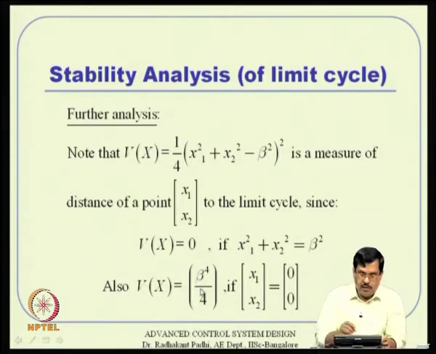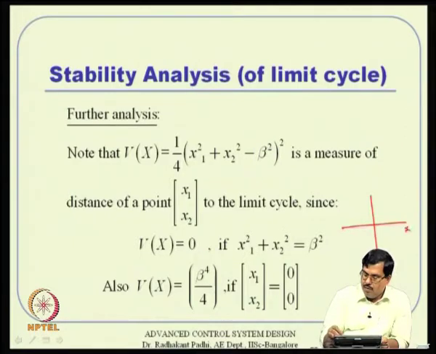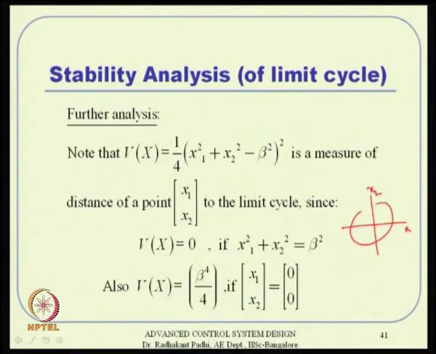And if x1 and x2 are equal to 0, then V of x takes this value. So, if I just draw it pictorially, x1, x2 is there somewhere, and on the limit cycle the Lyapunov function is 0, and as I go more and more radially inward or outward, it keeps on increasing. If I am on the equilibrium point, this V of x that I have selected takes the value beta to the 4th by 4 at the origin.